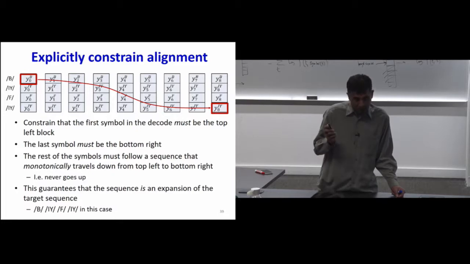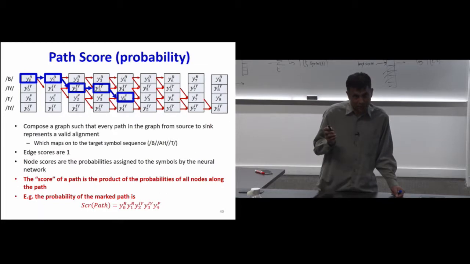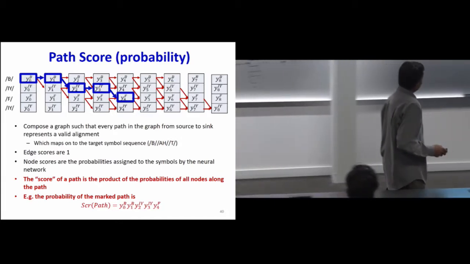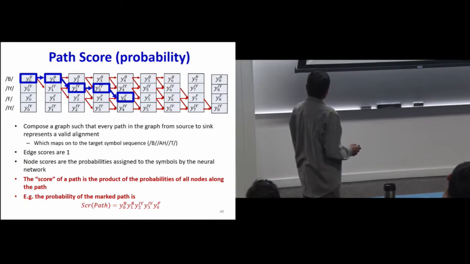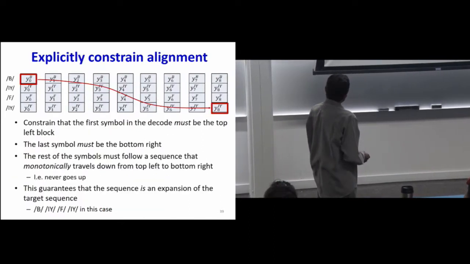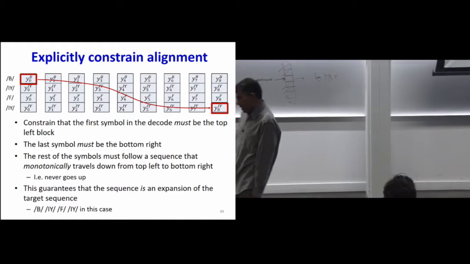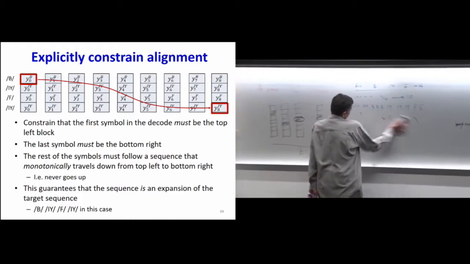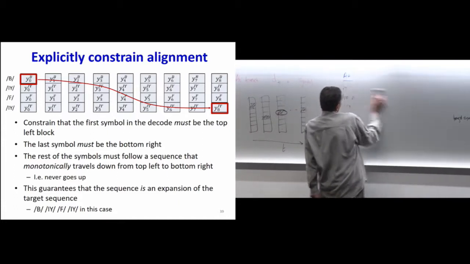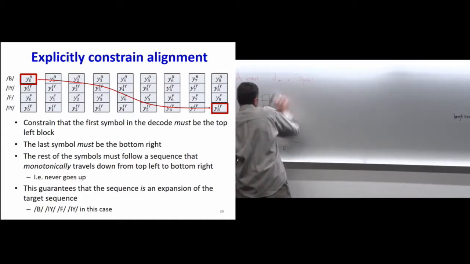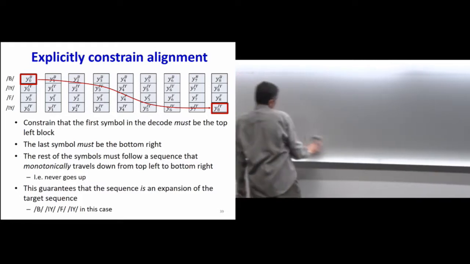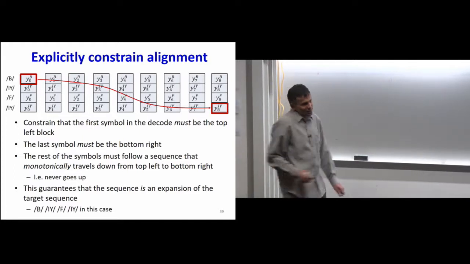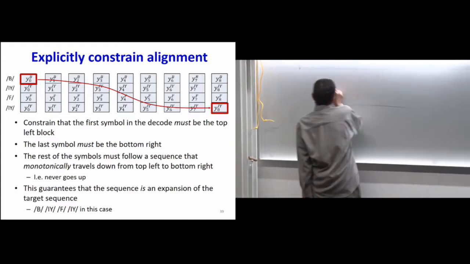So what I really need to do is to build a graph of this kind, which ensures that when I go from the top left, so actually let me do this on the board over here, repeat this, right? We'll use this figure a few times, and obviously I'm not going to get to the end of this lecture today, so we're going to have to take up a couple more lectures on this topic, but it's good stuff. So let's say here is my table, right?